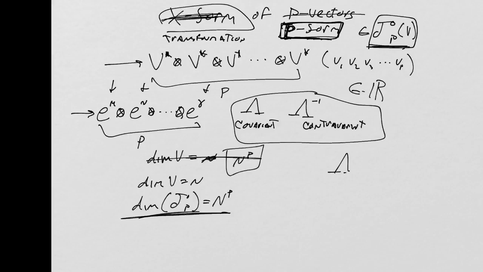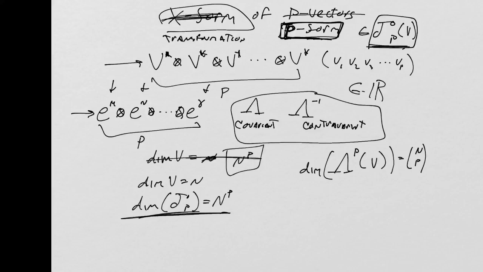The p-form really lives in this subspace of the tensor product space. And by living in that subspace, its dimensionality is n choose p. So that's a much smaller subspace.